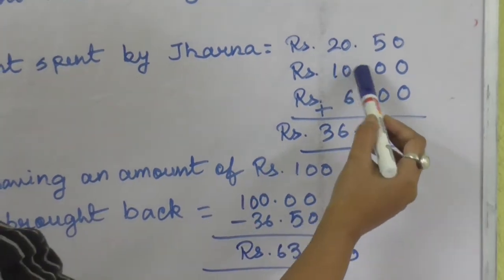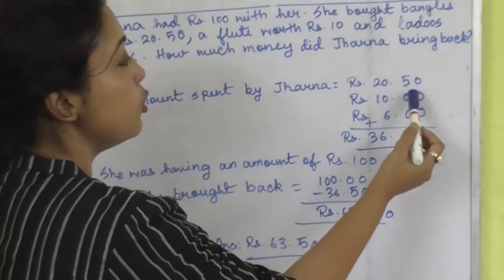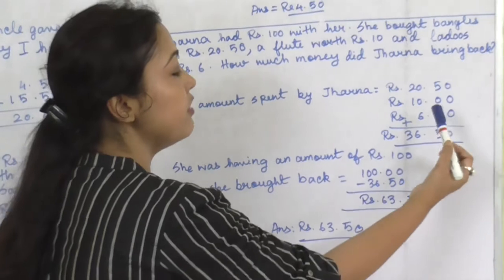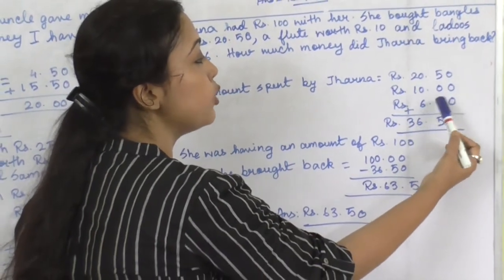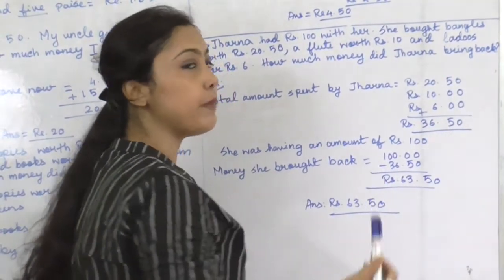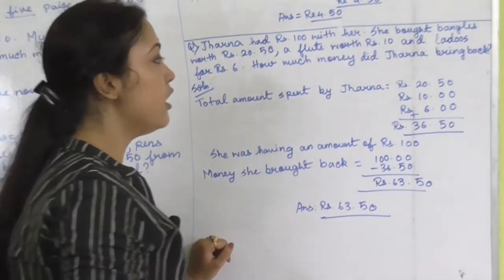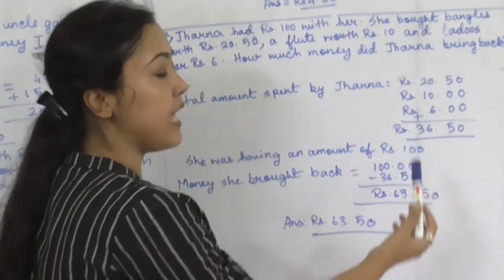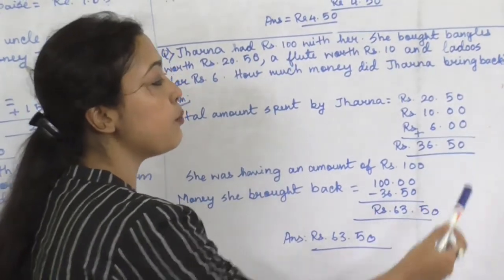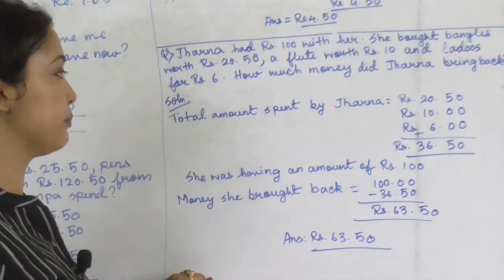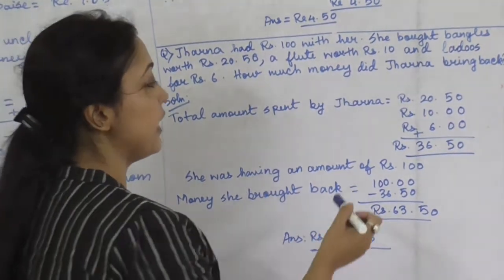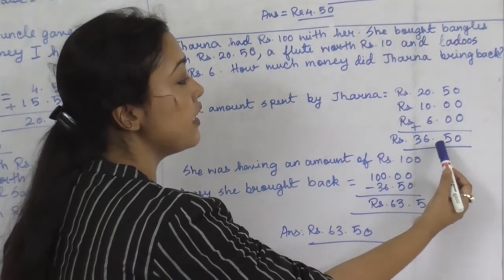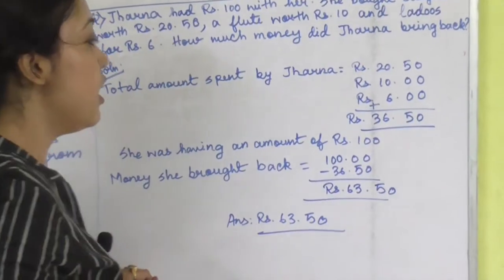Since in these two cases no paisa part is given, I will put one decimal and take two zeros so as to make our calculation easy. By adding all these three amounts, I am getting rupees 36.50 as my answer. So Jharna spent rupees 36.50.